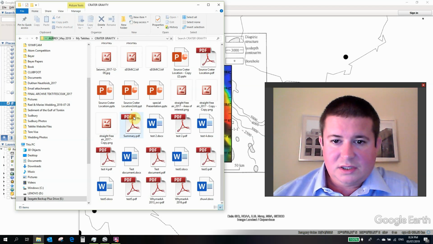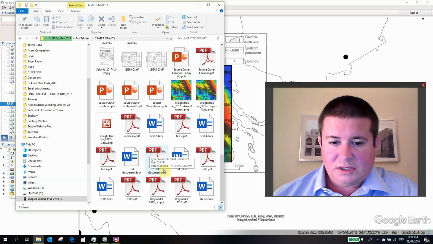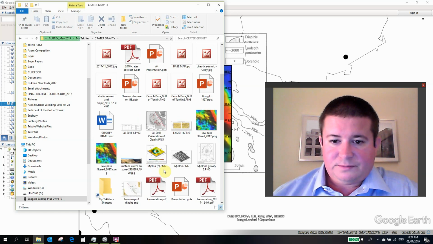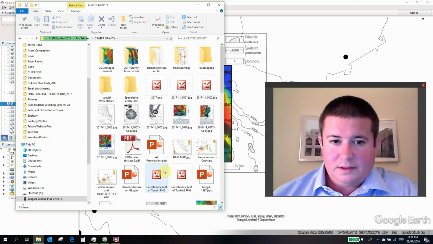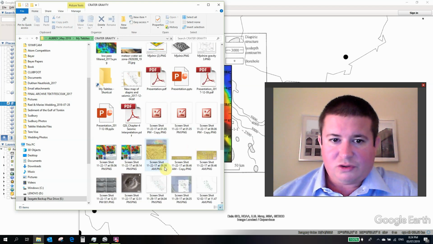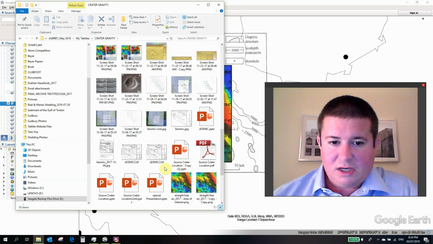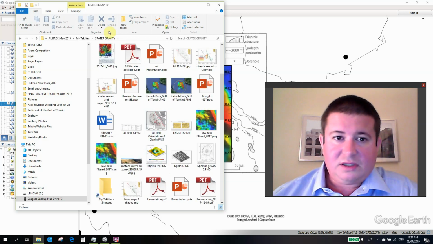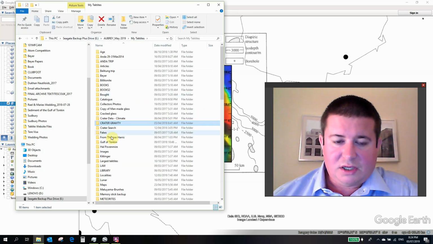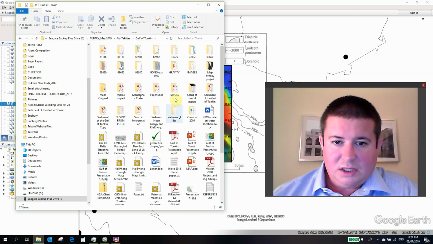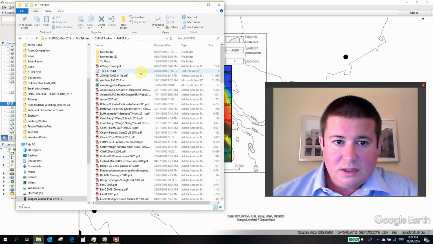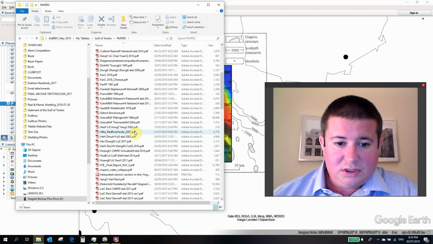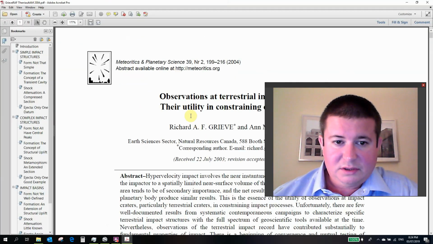And the data could be in many places. Right. Okay, so I've got all sorts here. Got bits of Chesapeake, got other impact craters. Perhaps I need to find the original paper, which I can't even remember properly.